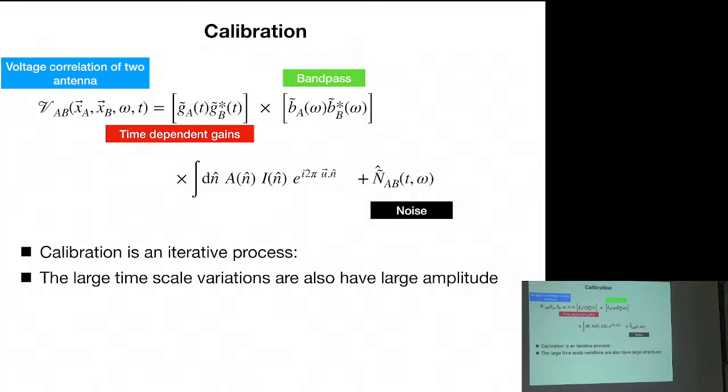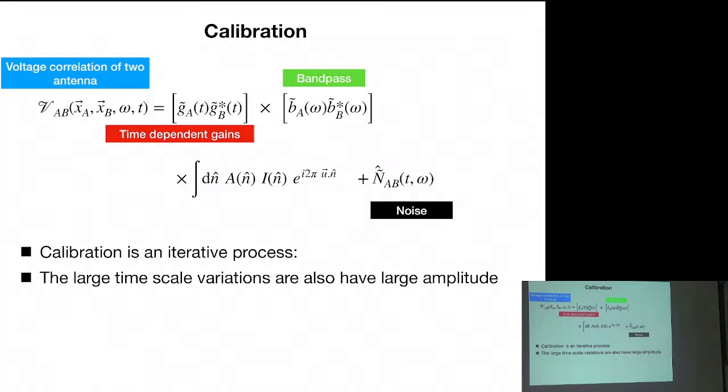You have to calibrate. Now once you try to calibrate, you realize that calibration is an iterative process. There is time variation here, and there was the direction dependent thing. And then you realize that large time scale variations in this particular case also have larger amplitude.